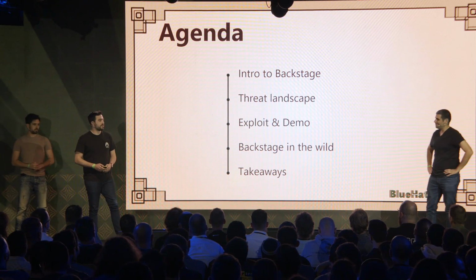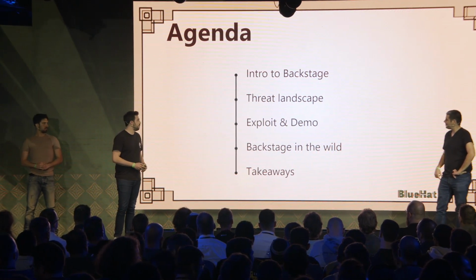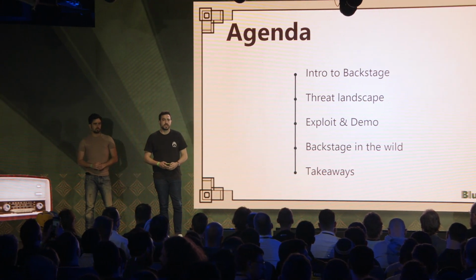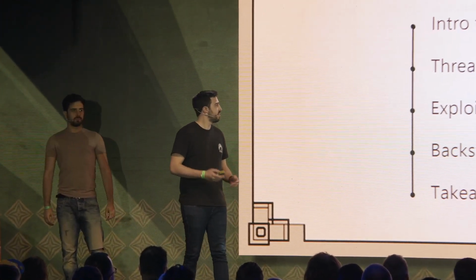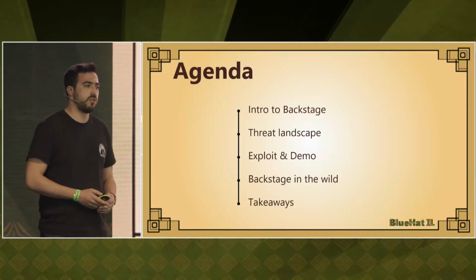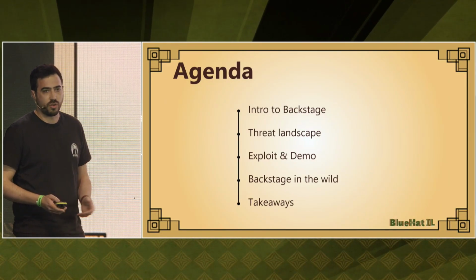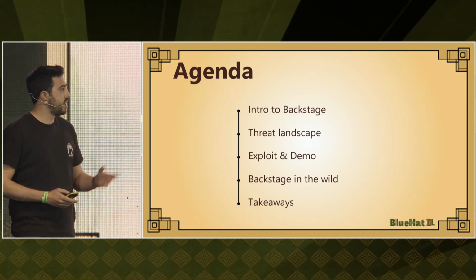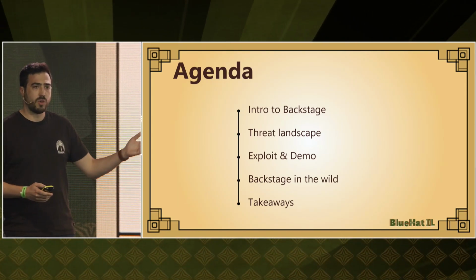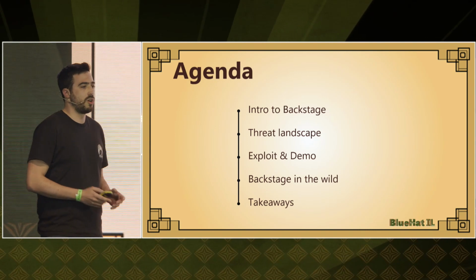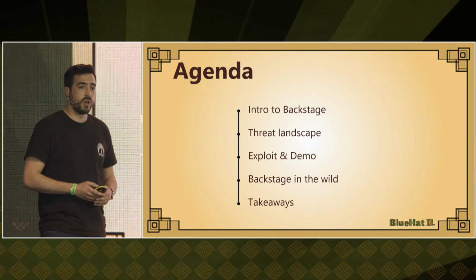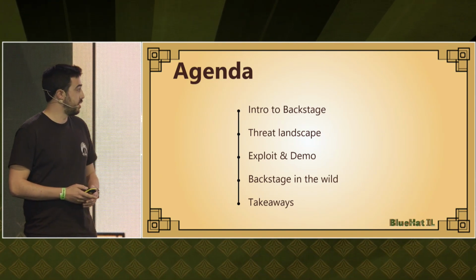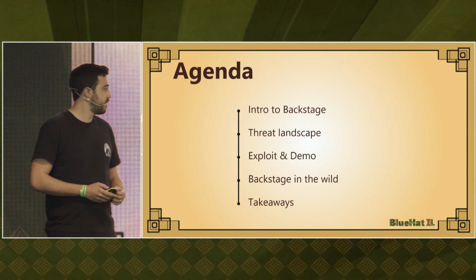So what do we have today? We're going to give you a brief introduction to what is Backstage, what is it used for, why people use it anyways. We're going to jump into the threat landscape of Backstage and why it makes such a lucrative target for threat actors. Then Gal will show us a demo of a threat actor from the internet trying to exploit this vulnerability and successfully running code execution on the Backstage instance.